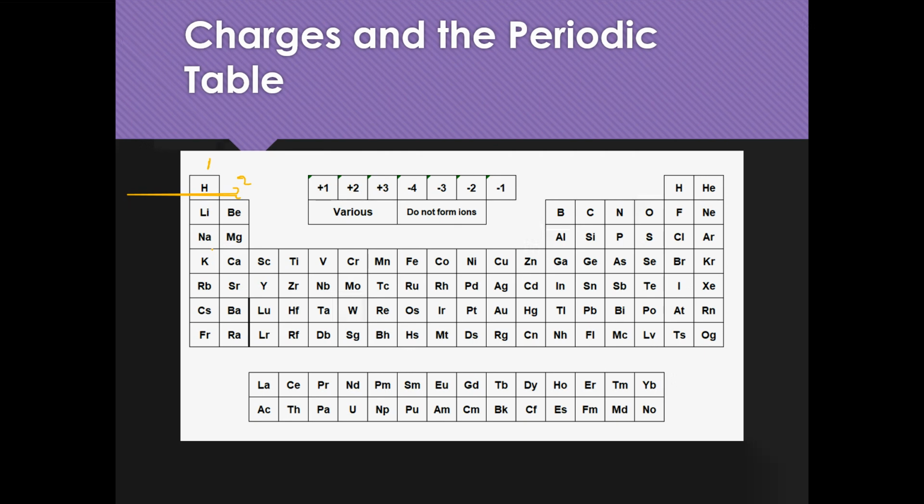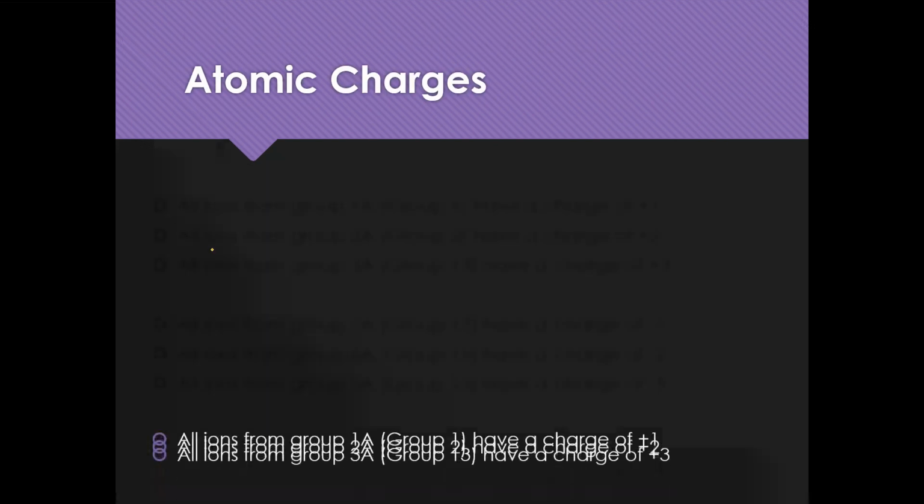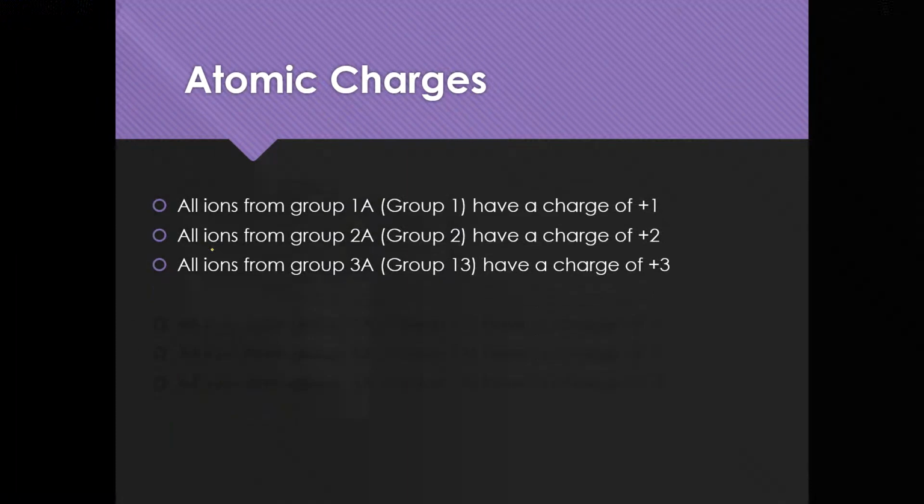So what we're going to notice, as far as the pattern goes, is that elements in group 1 will lose an electron. Elements in group 2 or 2A will lose 2 electrons and become +2. Elements in group 3A will lose 3 electrons and become +3.